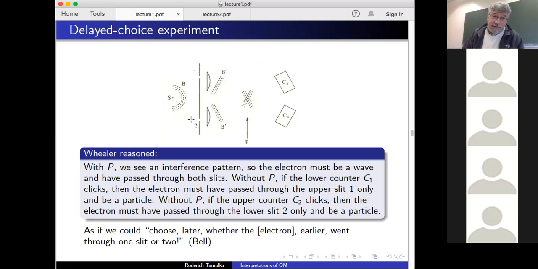And in addition, one of the points here is that this choice of whether or not to put in the plate P could actually be made at a very late time, at a time at which the electron has already passed the slits. So it seems as if we could choose later whether the electron earlier went through one slit or two slits.